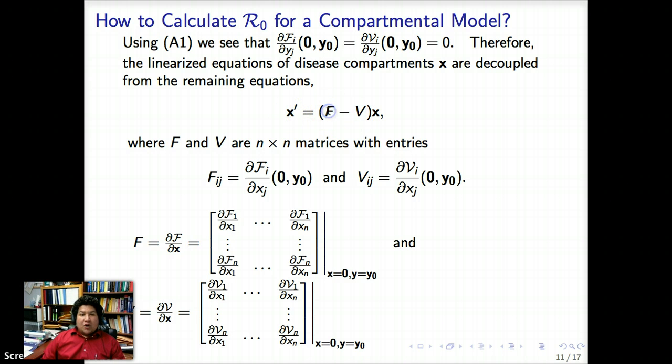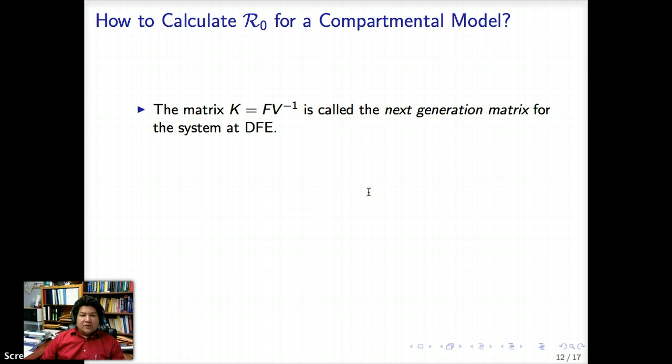We rely on these two matrices F and V, and what we do next is use them to form yet another matrix called the next generation matrix we had discussed in the past. The way we form this next generation matrix is, first we have to compute the inverse of V, and then we multiply F on the left side of V inverse. Said another way, we multiply F times V inverse.